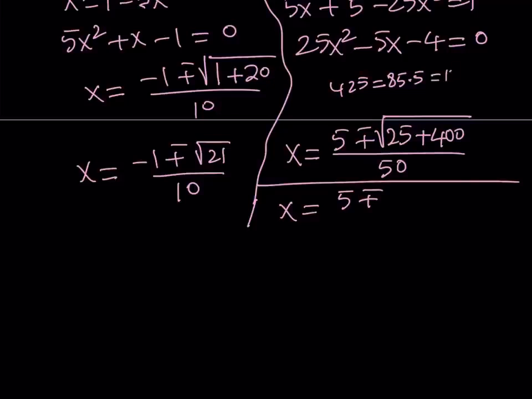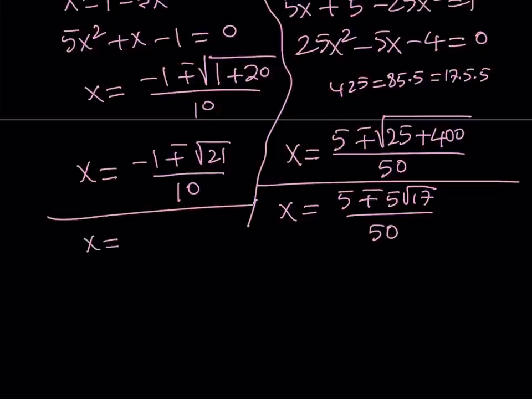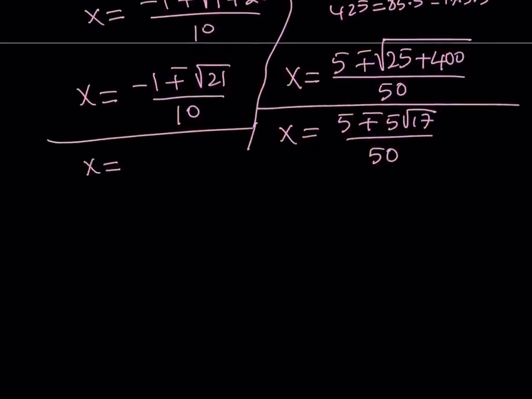85 can be written as 17 times 5, so this is 25 times 17, which means you can pull out the 25 as a 5, and you have a 17 inside the radical. And of course, that's being divided by 50. Therefore, the other solution in the simplest form is going to look like, if you divide everything by 5, (1 ± √17)/10.